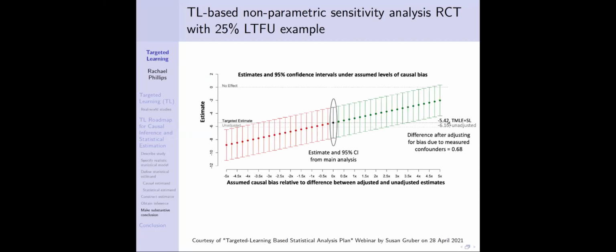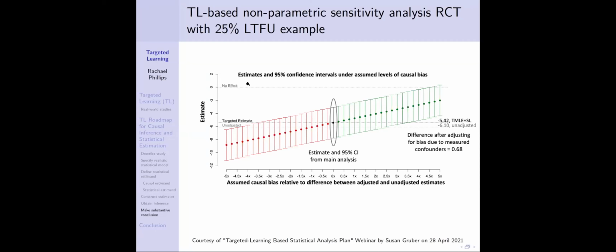The difference between these two estimates is 0.68. So we use this as our X. 0.5 times 0.68, 1.5 times 0.68, and then we would add that to our target parameter in order to see how much causal bias relative to the difference between unadjusted and adjusted estimate would be necessary in order to reach no effect.